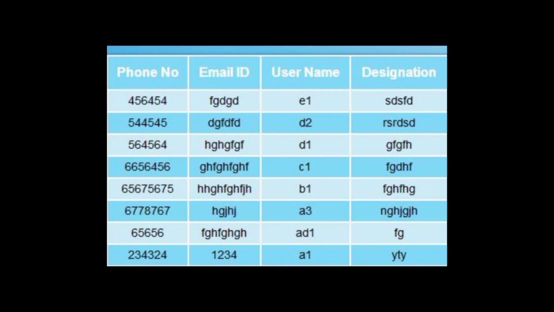Because the cells and the table do not contain their own background colors, we give this attribute BG color to give the background color. So how will we give this? We give angle bracket, then table BG color equals pink within inverted commas. You can give any color.